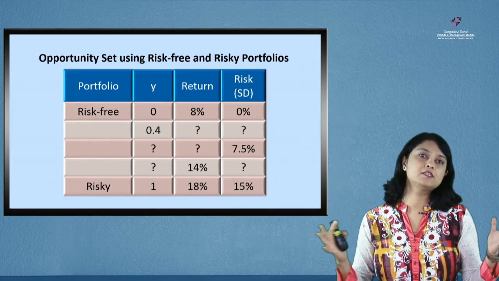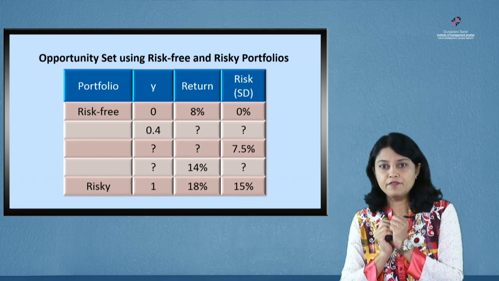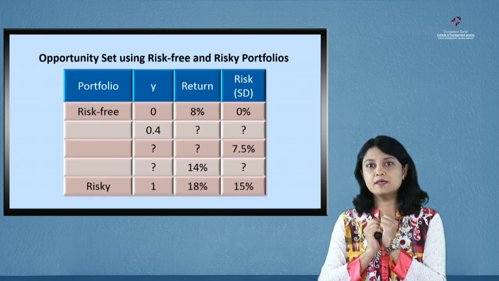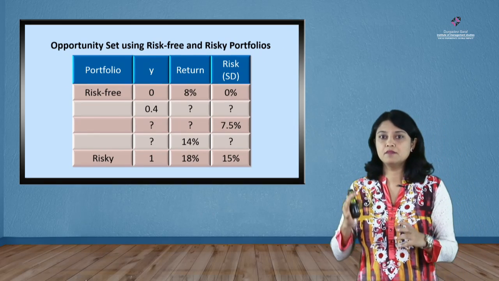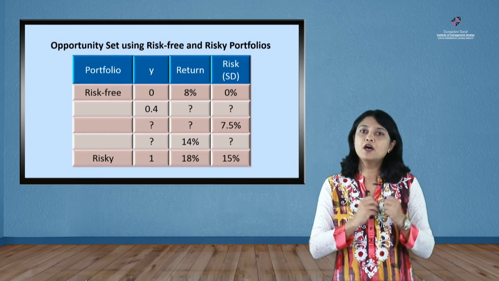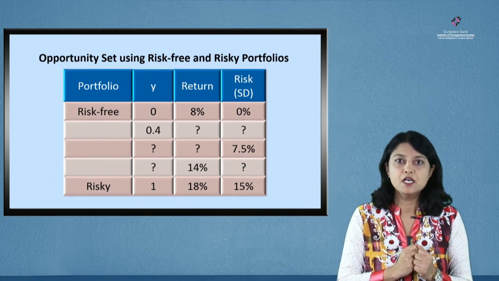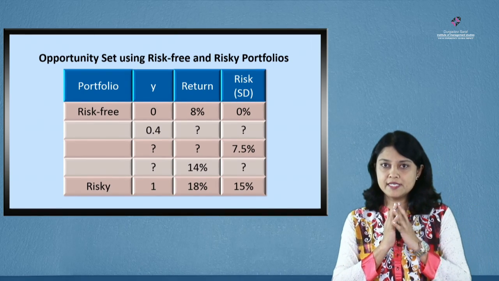See, there are three ways. People decide about their portfolio in different ways. Sometimes they decide by some thumb rule, or maybe by gut feeling, okay, I want to invest 0.4, that is 40% of my portfolio, into risky assets.